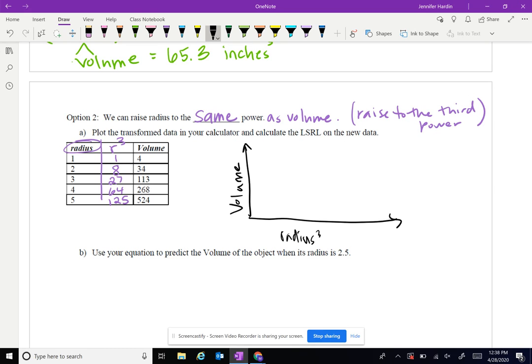All right. I don't want to necessarily scale this correctly or even at all, but you can see I need to go from like 1 all the way up to 125. So if you go like maybe by 50s, that's like super spread out.